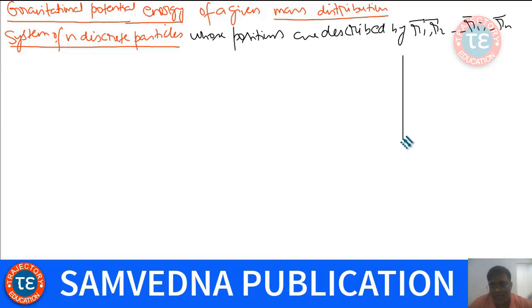That is, we have n discrete particles, and we want to find the gravitational potential energy of this system of n discrete particles.